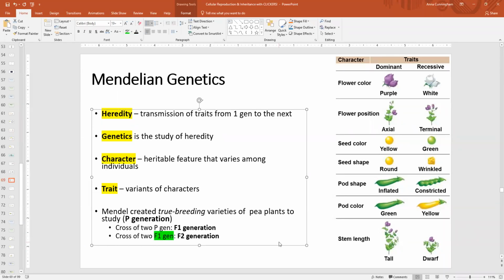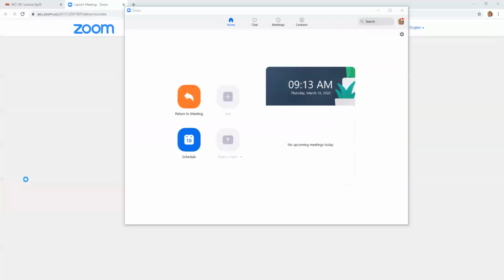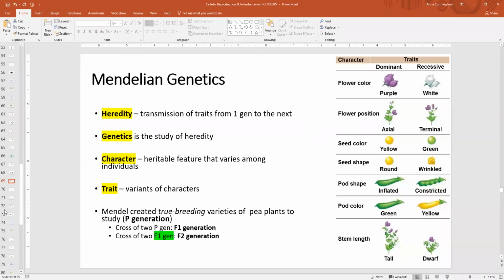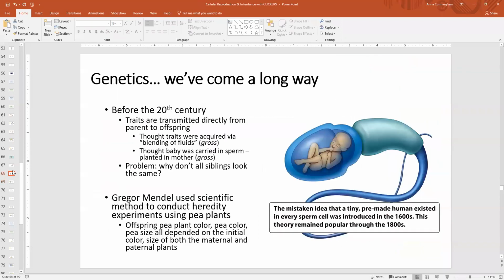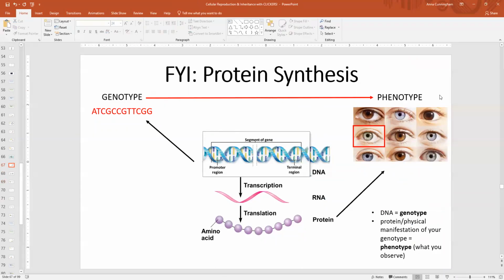Right? And then as for the difference between characters and traits, they are basically the difference between genotype and phenotype, right? So for example, if I go back to that slide, we can have different versions of the same gene, right? Those are alleles. And then the combination of those expressions is your phenotype, exactly what we observe.